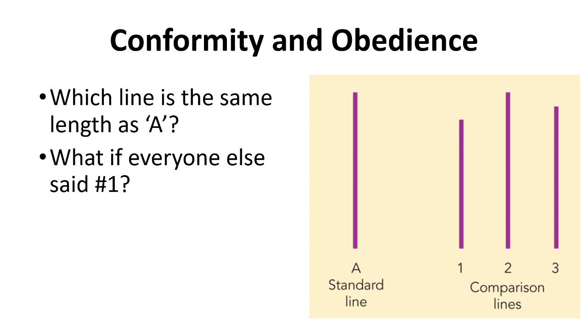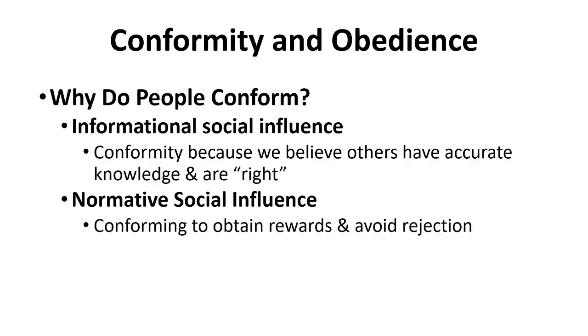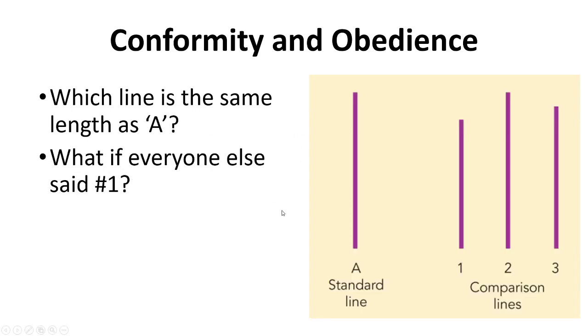But if every single person before you says that line 1 is the same length, maybe you start doubting yourself. Maybe you think that the rest of the group knows something that you don't know. Or maybe you don't want to say the wrong thing and go against the group. Some of our reasons for conforming from the previous slide. So maybe when it's your turn, you're going to say that it's line 2, or maybe you're going to go with the group and say it's line 1.